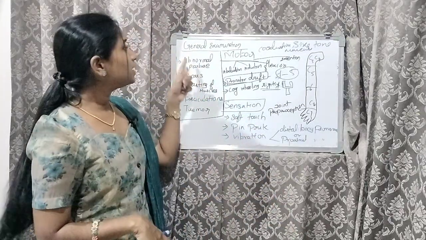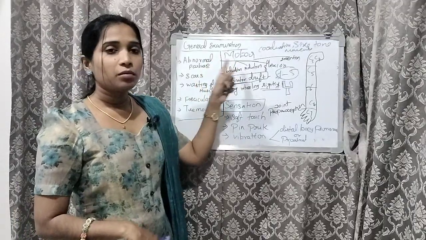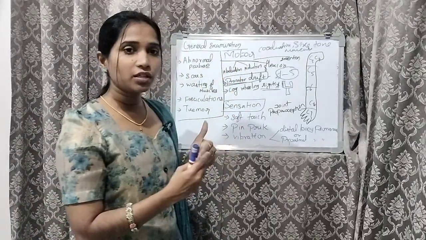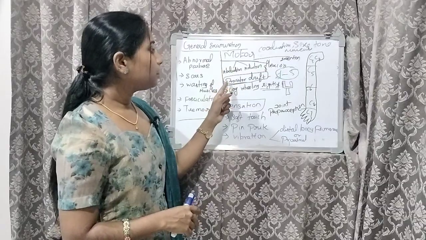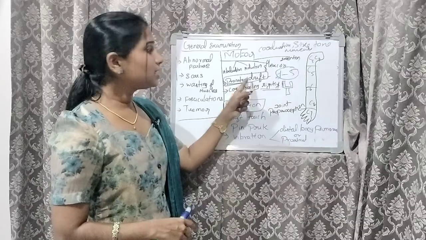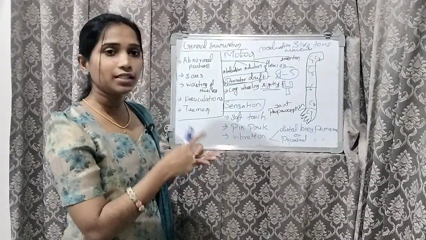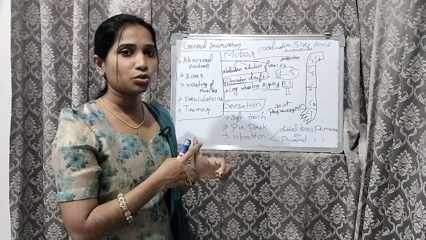Clear now? So first you do a general examination. After that, for motor function, you do a pronator drift, then cogwheel rigidity. After completing this, you assess abduction, adduction, then flexion and extension for assessing muscle tone. Clear?